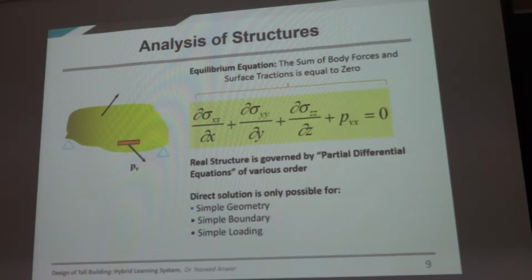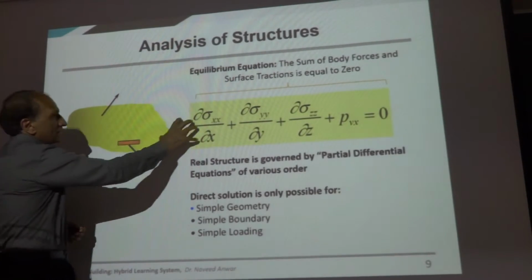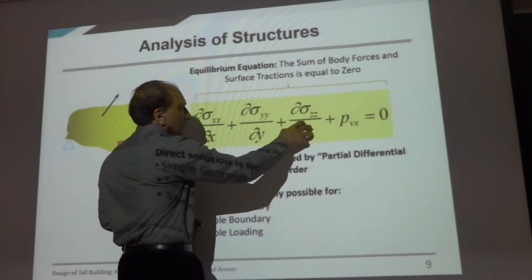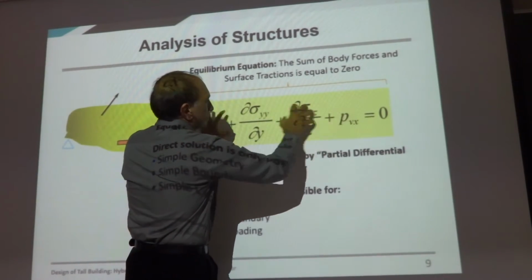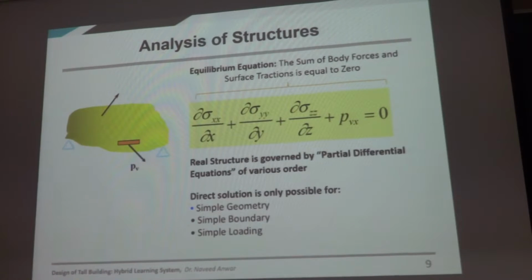But basically, it's saying that the external excitation and the internal body strains and displacements should balance, right? The net should be 0. If it is standing still, not applicable to a moving car, but it is applicable to a standing structure, right?